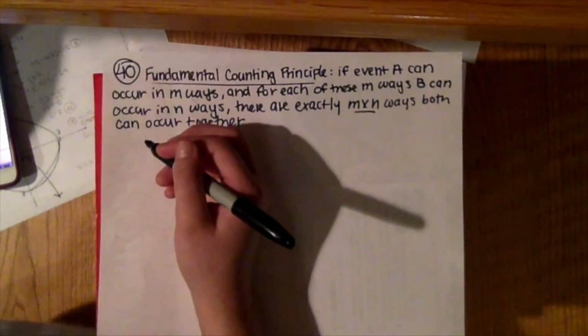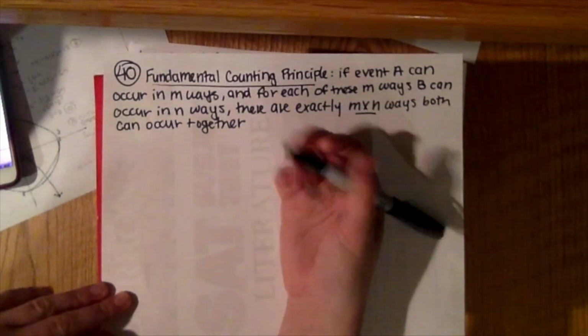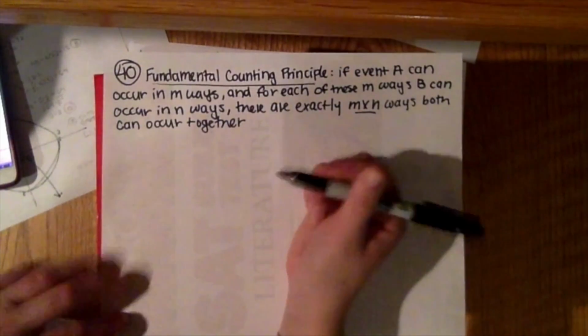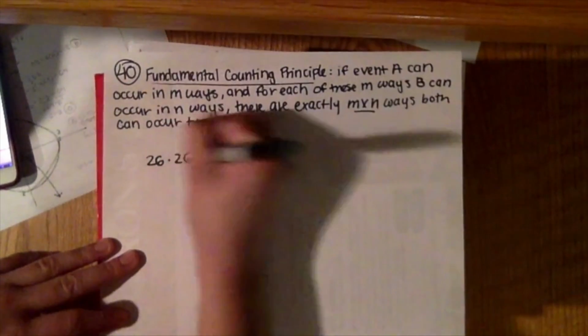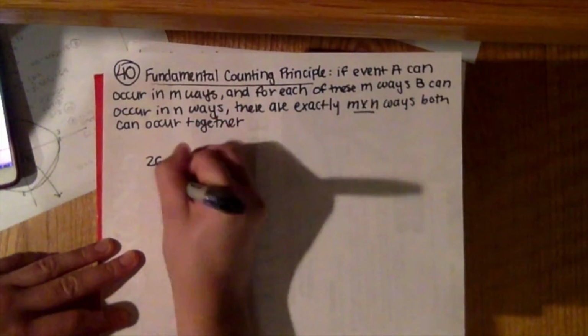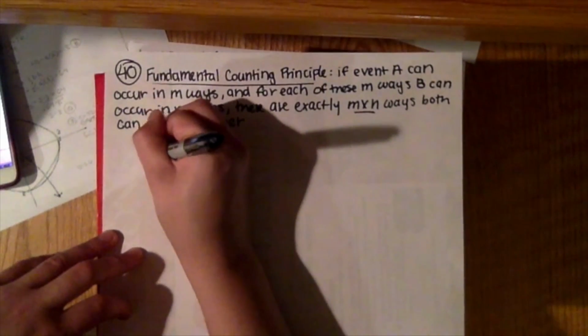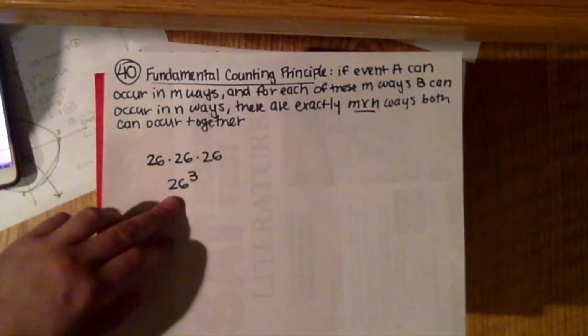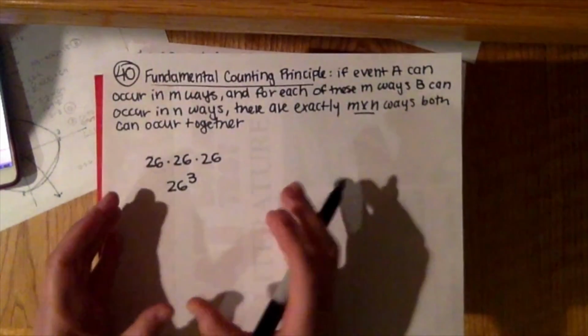So each time we pick our letter from the alphabet, there are 26 distinct possibilities. So we have 26 times 26 times 26, or 26 cubed. That's going to be the number of distinct orders of 3 letters.